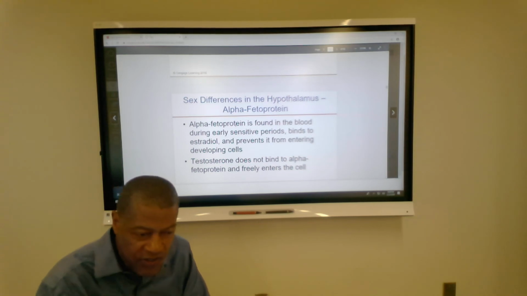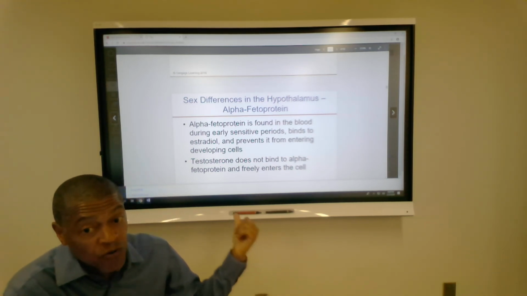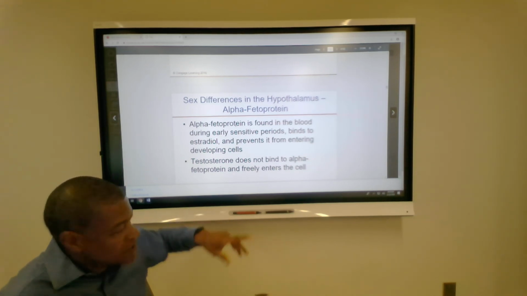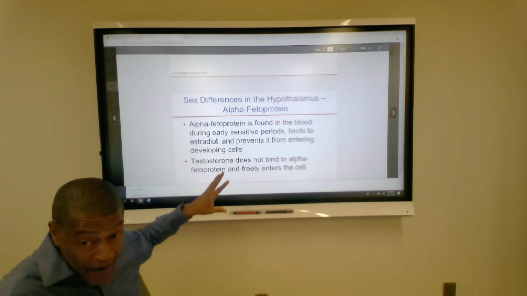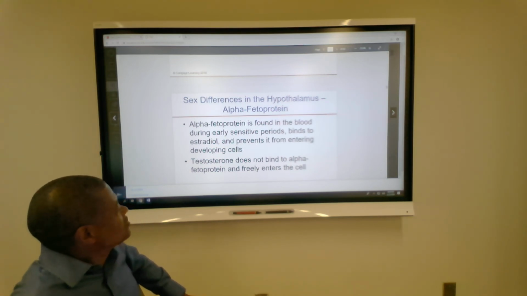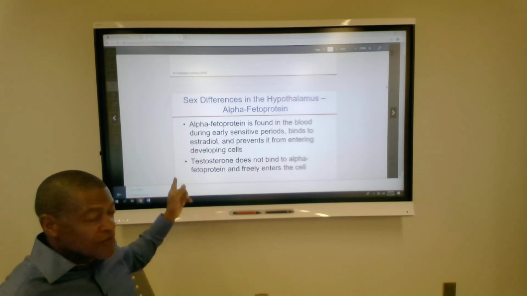Won't go into it extensively, but there's a chemical called alpha-fetoprotein that's found during this changing sensitive period. Alpha-fetoprotein is found in the blood during early sensitive periods, binds to estradiol, and prevents it from entering developing cells.